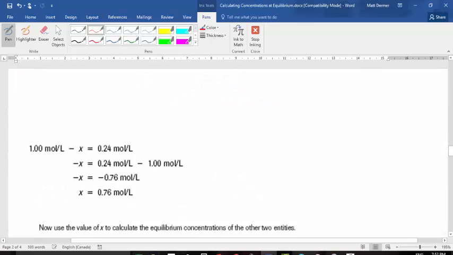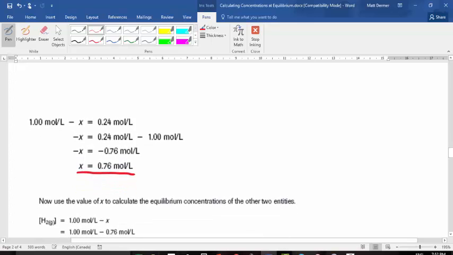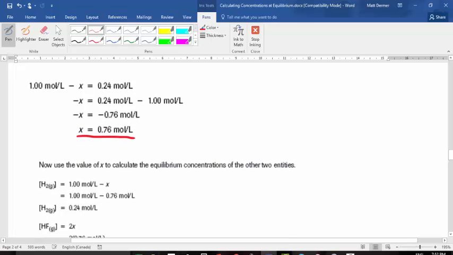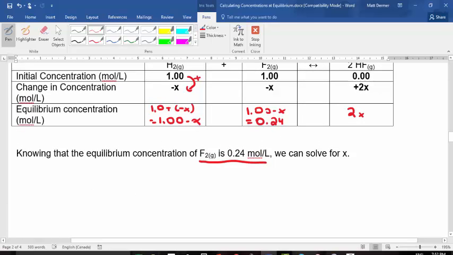With that information, I can use that to help me solve for X. And so knowing that 1 minus X is equal to 0.24, I can use some algebra here to solve for X. That X does not represent the equilibrium concentrations. If you remember, in my ICE table, I had hydrogen gas's equilibrium concentration as being 1 minus x, and hydrogen fluoride as being 2x.